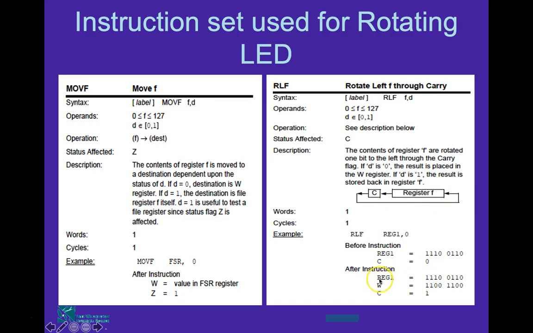After the instruction, RG1 is going to remain the same, but in the working register, since you are putting here 0, you want the result to be saved in the working register. So the result is going to reflect here in the working register. You can see that this data has been moved towards left, and previously we had this register value, and this will move to the carry.